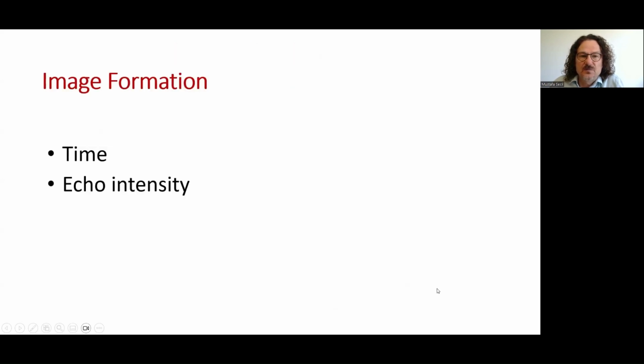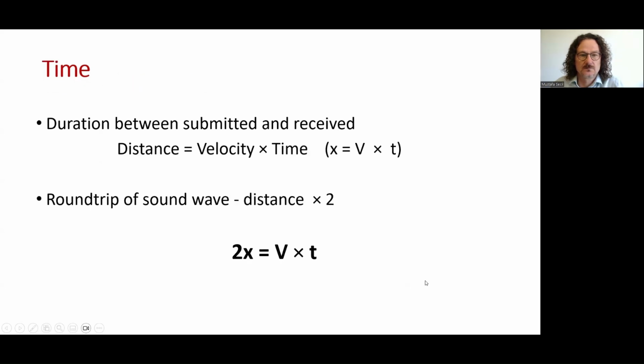Let's talk about image formation. There are two parameters for the device to make the image for us: the time and the echo intensity. The distance is a function of velocity and time. For sound waves, it means two times the distance. If we consider the velocity as constant, then the distance is a function of time.